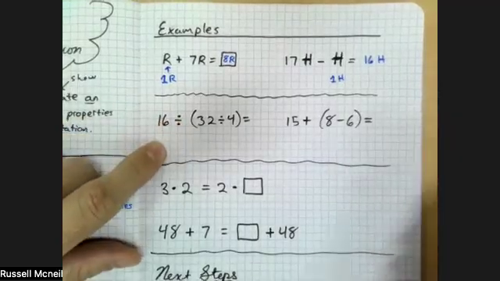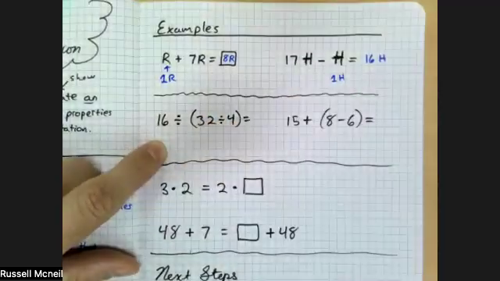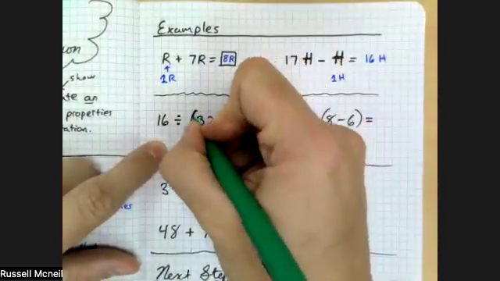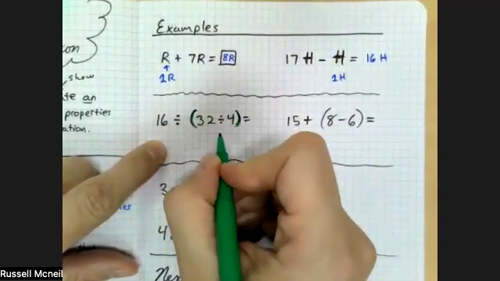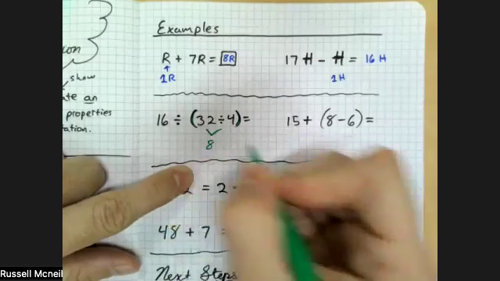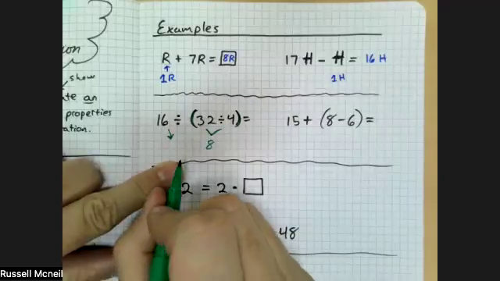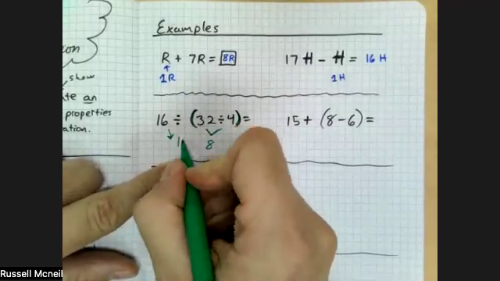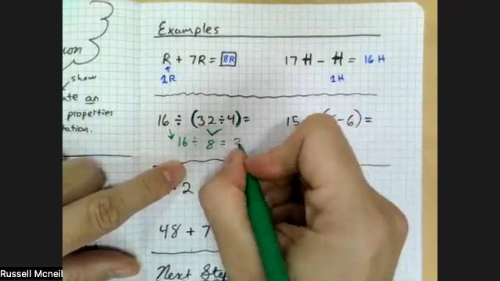All right, coming down. This is where it gets tricky, where we have parentheses. So looking at parentheses, we've got our target here. Essentially, we're saying do this first. So 32 divided by 4, easy peasy, we get 8. Now bring this down. We've been doing this all year. Now we're just defining it. 16 divided by 8, what do we get? That's right, we get 2.